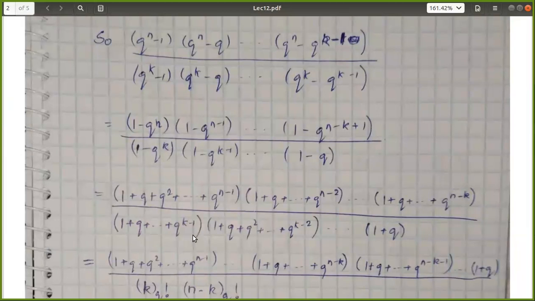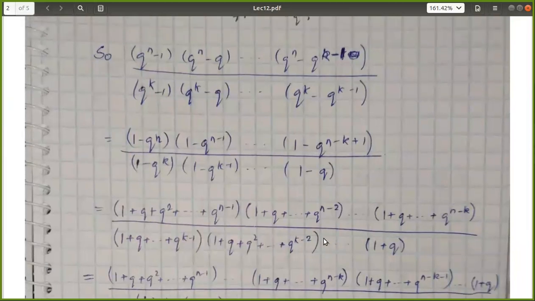What is this particular denominator? It is the q factorial of k. That is right.